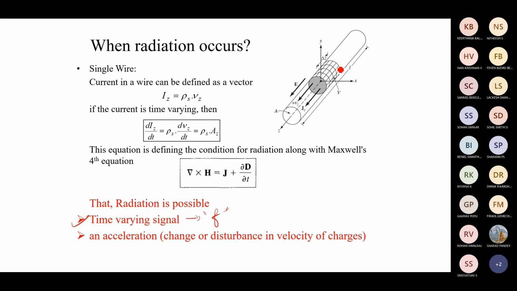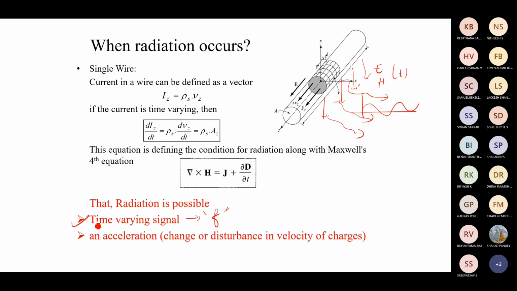In that particular case, naturally the electromagnetic field will start to come out, and the electric field and magnetic field are both time dependent, and immediately this will be available as a propagated field from this structure. That is what we call wave propagation out of the wire.